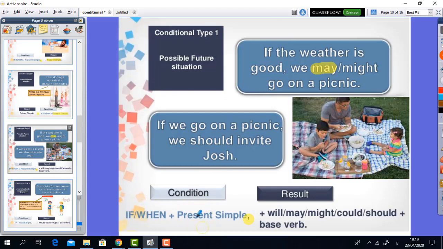The verb found in the if clause is in the present simple, and the verb of the main clause is essentially in the future simple, will, but we can use other modals.